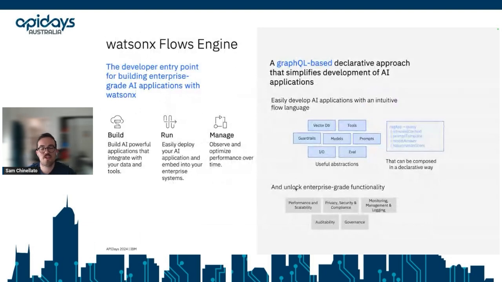So just a quick little aside on what Flows Engine is and what it does. It's a tool to allow developers to easily build enterprise-grade applications with generative AI. It provides an intuitive CLI to help you build, run, and manage your application.